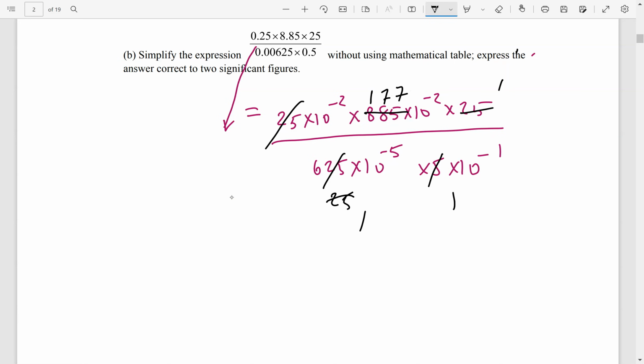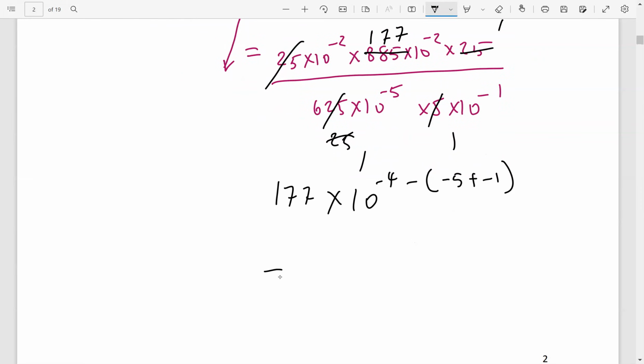we have 177 times 10 power negative 2 plus negative 2, it is negative 4, minus in the bracket negative 5 plus negative 1. So you have 177 times 10 power negative 4 plus 6.